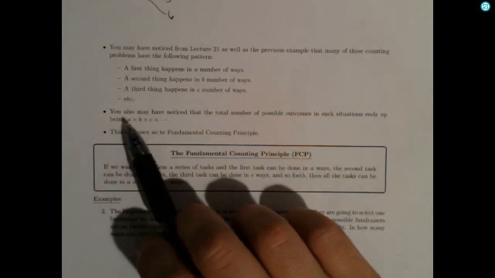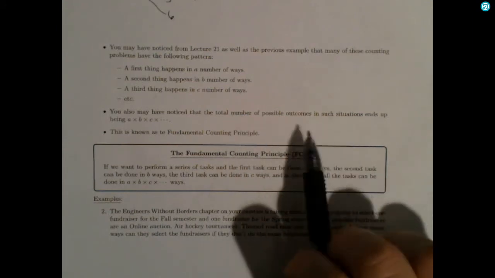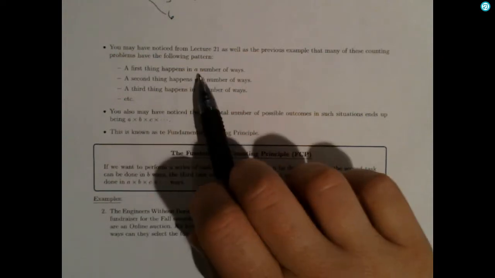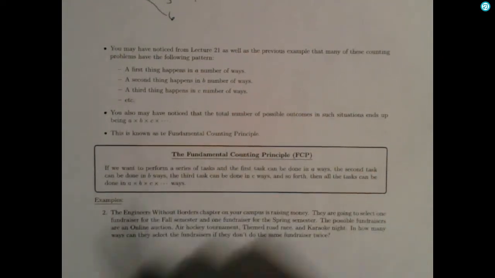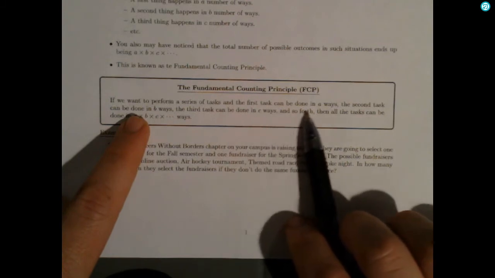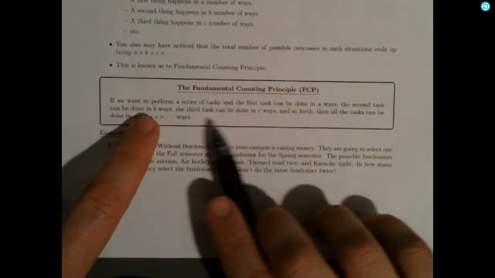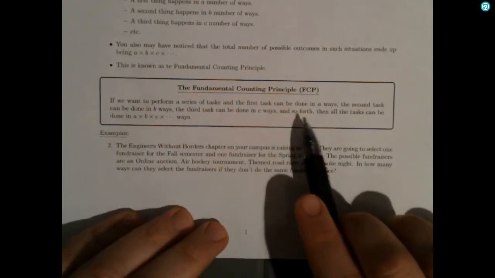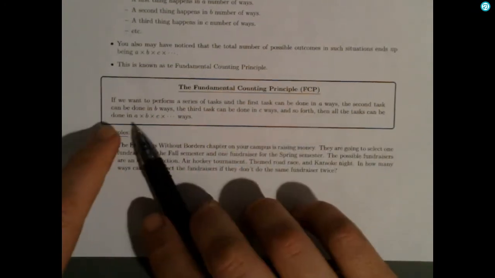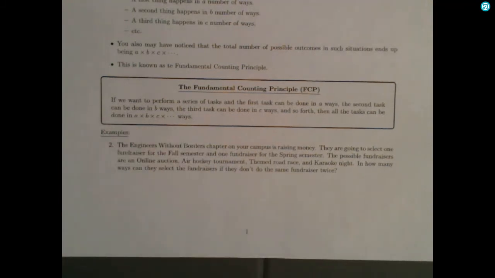Then if you want to find the total number of possible outcomes in such situations, it just ends up being A times B times C, and so forth. That's the fundamental counting principle. So if we want to perform a series of tasks, and the first task can be done in A ways, the second task can be done in B ways, the third task can be done in C ways, and so forth, then all the tasks can be done in A times B times C, and so forth, ways.